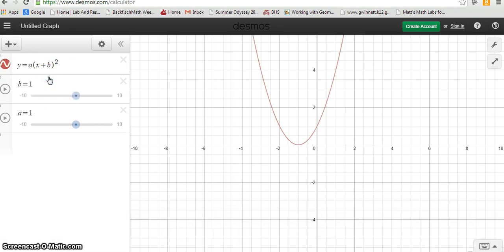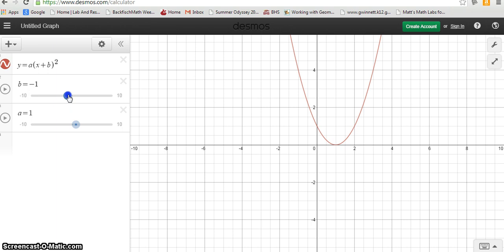So I'm going to add the slider for b. And right now it's at 1, so that's plus 1. And notice that it's moved this direction 1. That kind of may be different from what you would expect. There's plus 2, plus 3, plus 4, and plus a negative is just like minus.